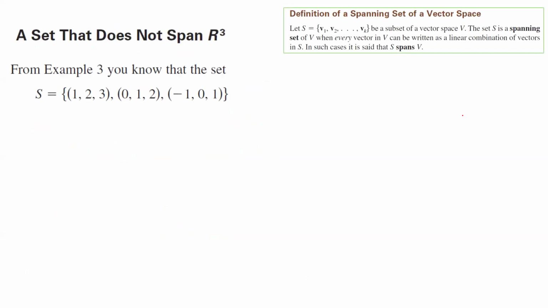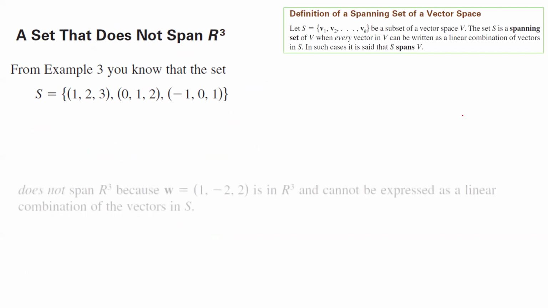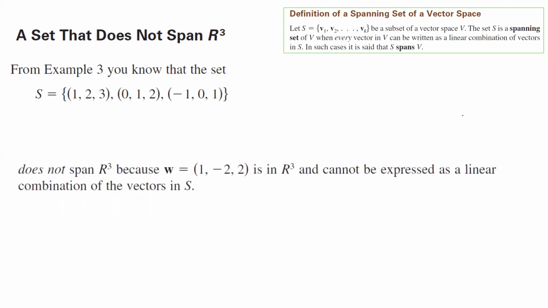A set that doesn't span space. So from the previous example, we know that this set, including (1, 2, 3), (0, 1, 2), and (-1, 0, 1), has a linear combination. Remember, we did a linear combination between these vectors. It doesn't span R3. Why is that?